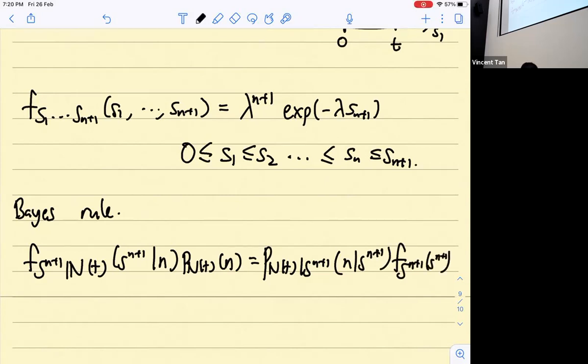Hopefully everyone is very familiar with Bayes' rule. So we're going to figure out all these four terms carefully.